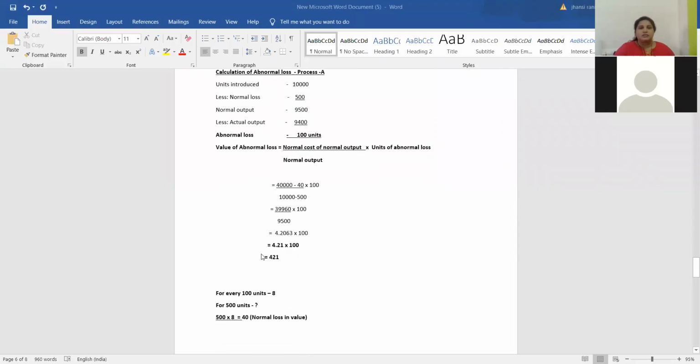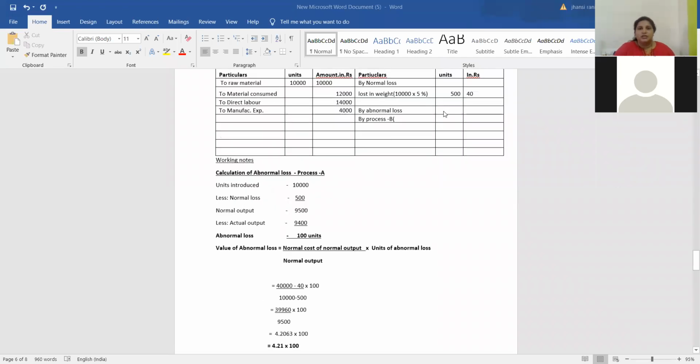Yes, any doubts? So here abnormal loss in the units is 100 units, and the amount is 421, and the balance we will transfer to process B. So here in the units column 10,000 units, amount column 40,000.